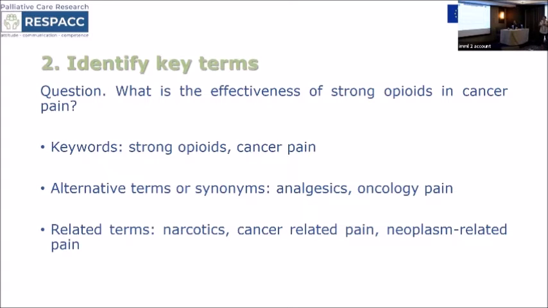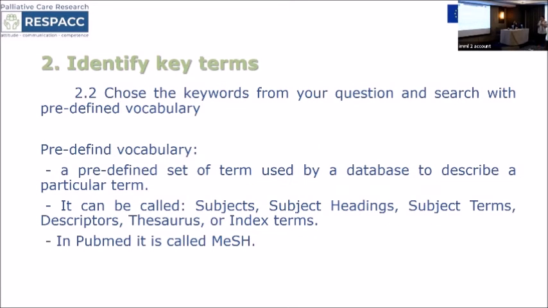So the problem is, you see here, it can be strong opioids, it can be step 3 analgesic opioids, it can be analgesics. And for cancer pain, again, it can be oncology pain, it can be neoplastic pain, it can be narcotics. So actually, these are synonyms, and they have to come into my builder.